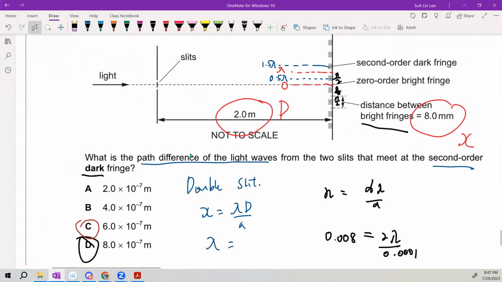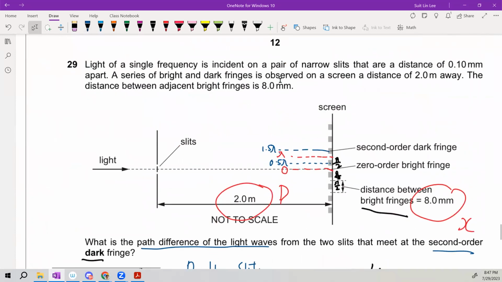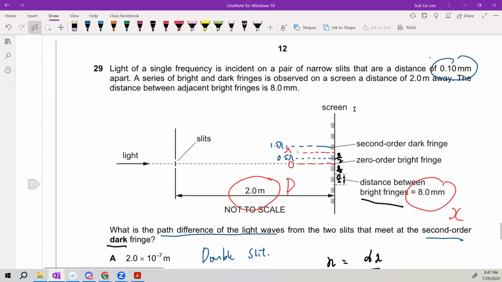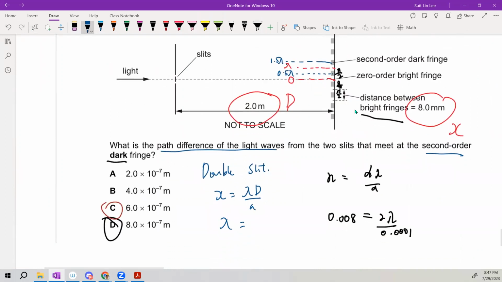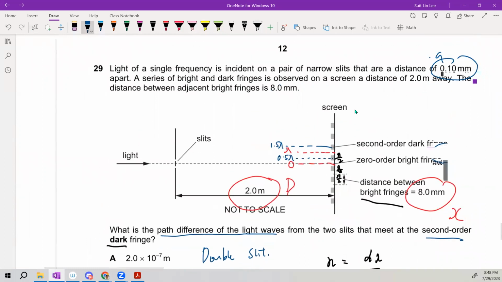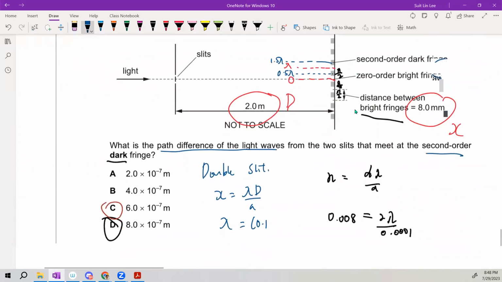Okay, I have the slit separation. Slit separation here is, too narrow slit. Okay, this one is a slit separation, a, 0.10 mm. The x is 8 mm.